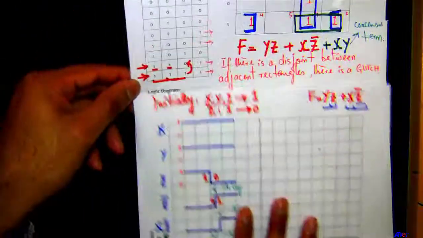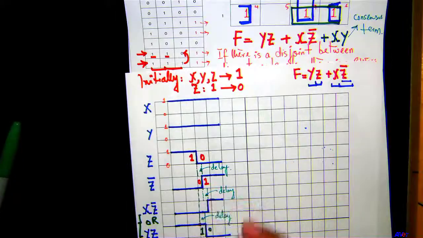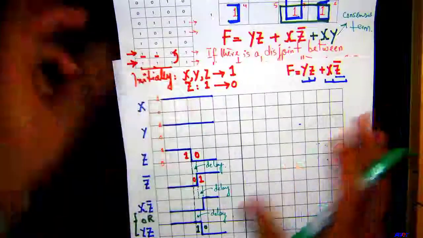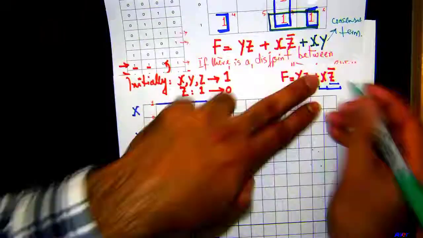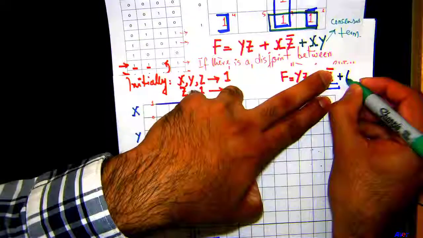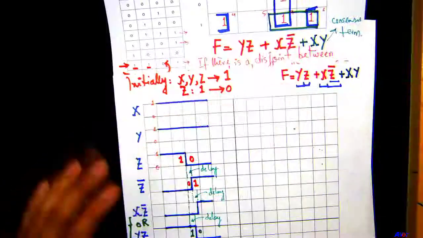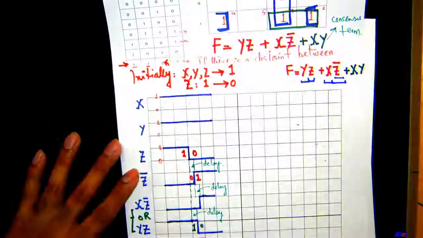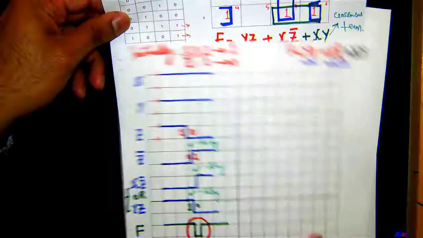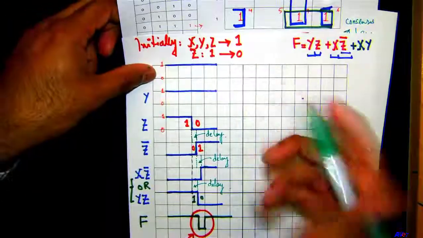So now my expression changes to yz plus xz bar plus xy. I'm actually going to move this F right here to over here.